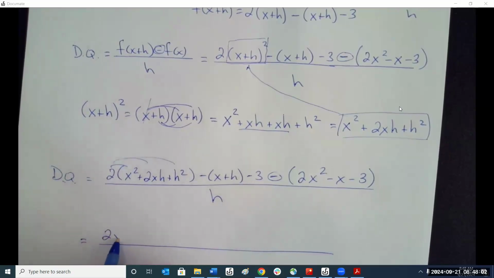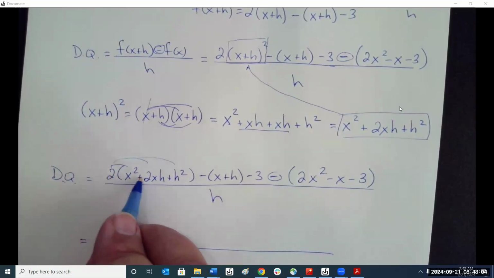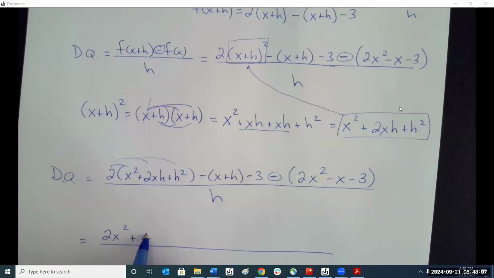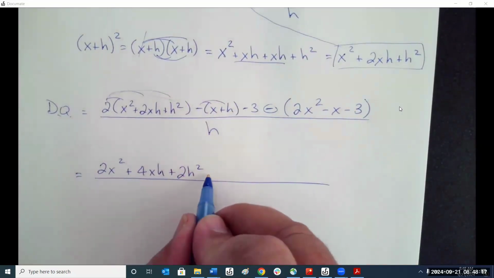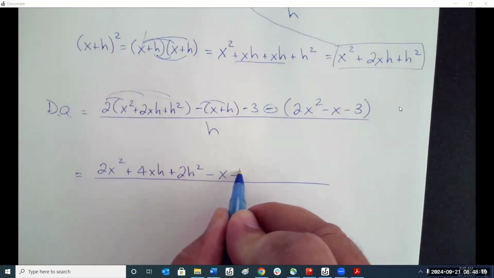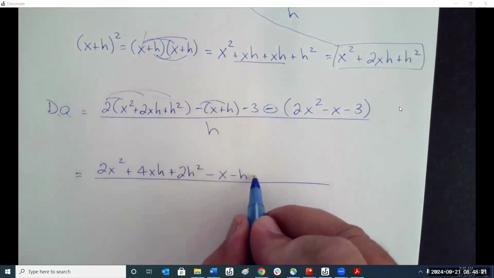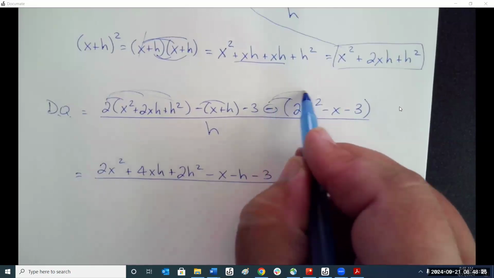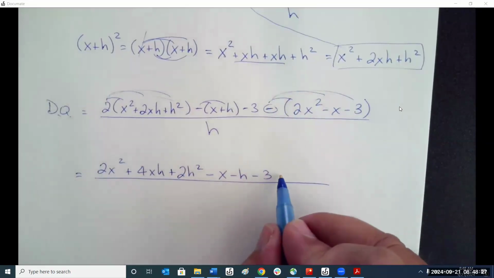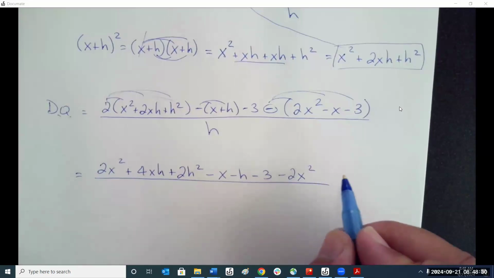So I got 2x squared. 2 times 2 is 4xh. 2h squared. The negative changes their sign, so it's negative x, negative h, minus 3. This negative changes every sign inside there. So from positive 2, it's negative 2x squared.